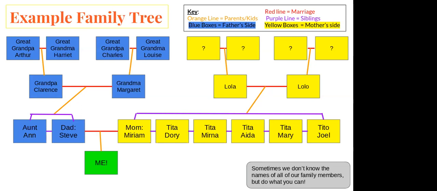What are some things we notice about this family tree? Anything in particular?